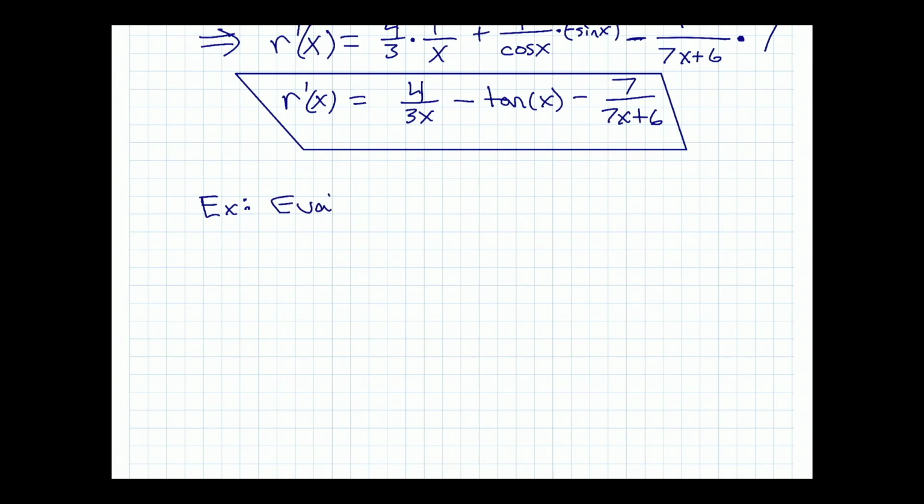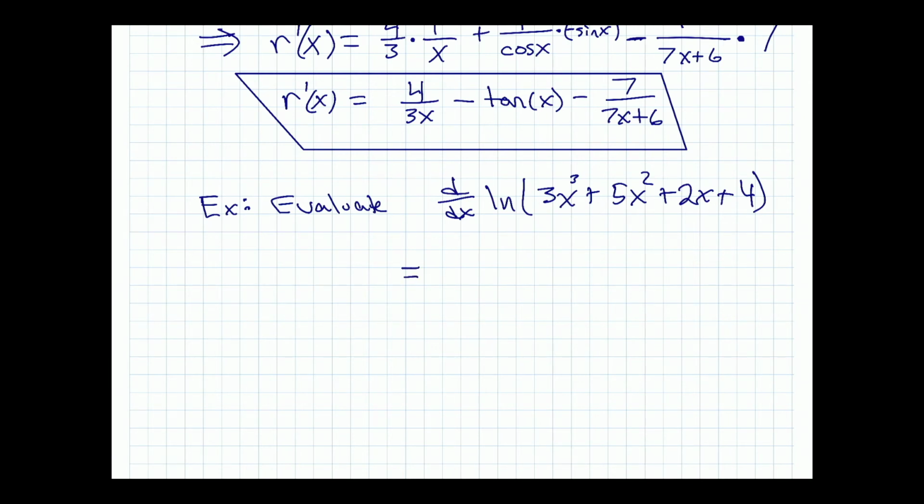Evaluate d/dx of ln of a polynomial, like 3x cubed plus 5x squared plus 2x plus 4. That looks a lot more complicated than it is. Since log rules don't apply to sums, you don't do any log rules.